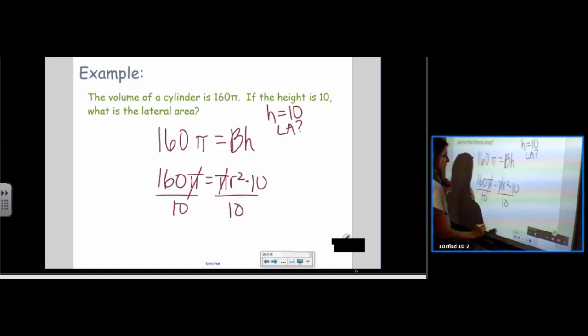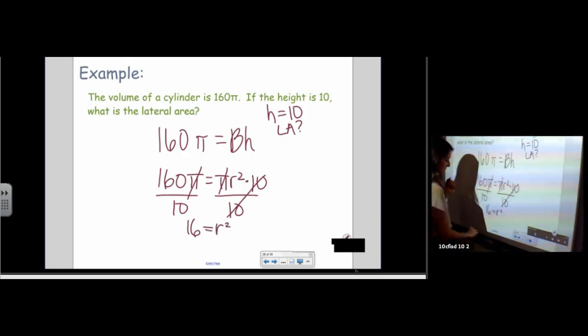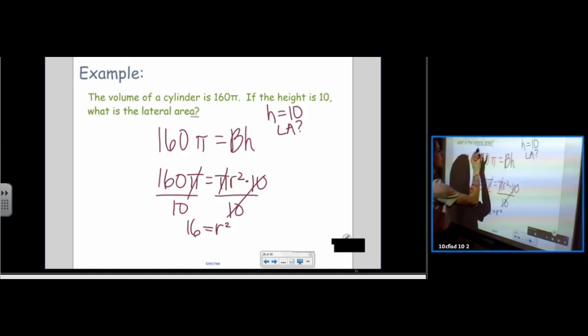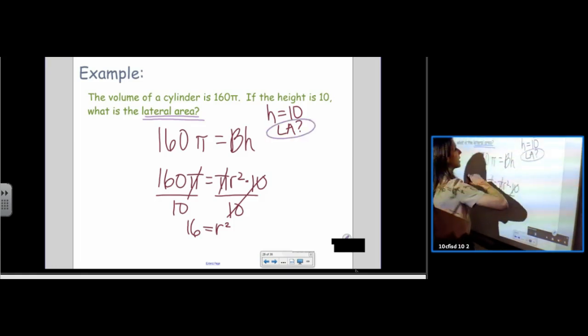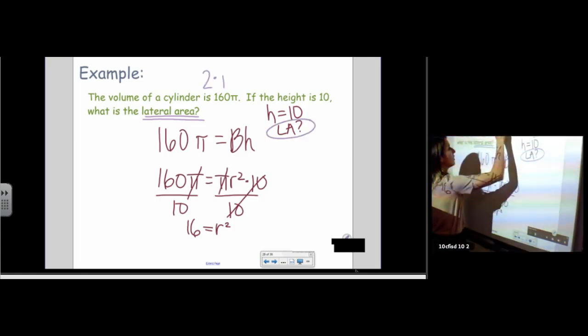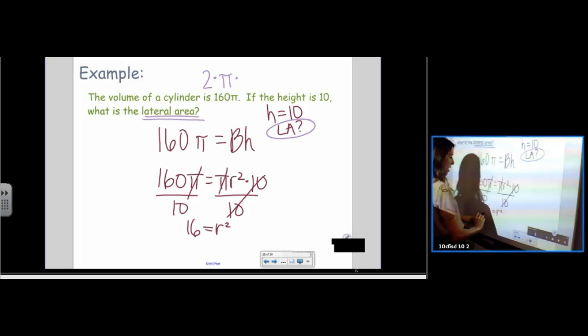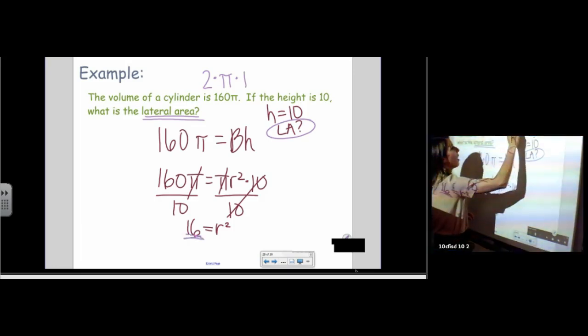16. And we want the lateral surface area. So we go back to our formula for lateral surface area. It's 2 pi. We just found r. R h. 2 pi RH, 160 times 2.